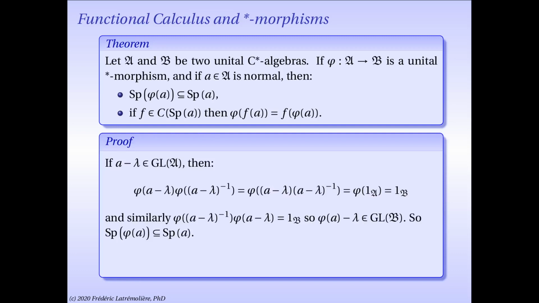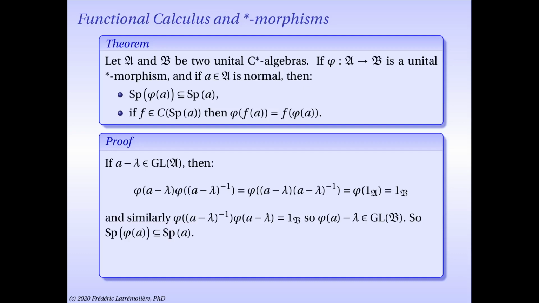So let's prove first the inclusion of spectra, and I'm going, as often is the case, to prove actually the reverse inclusion between the resolvent sets, that is the complements of the spectra. So indeed, if we assume that for some scalar lambda, A minus lambda is invertible in your C-star algebra A, then because the map phi here is a unital star morphism, we can calculate very easily that phi of A minus lambda times phi of the inverse of A minus lambda is phi of the product of A minus lambda with its inverse, which is phi of the unit of the domain of phi, which is the unit of the codomain of phi.